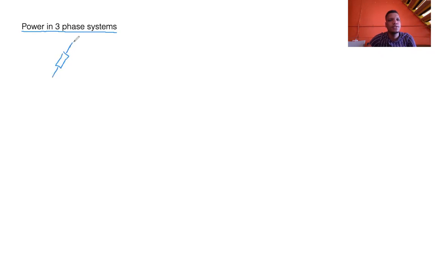That is connected in a delta, in this manner. So let's make this line here R, this one here blue, and this one here yellow.